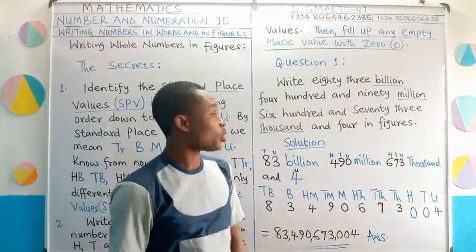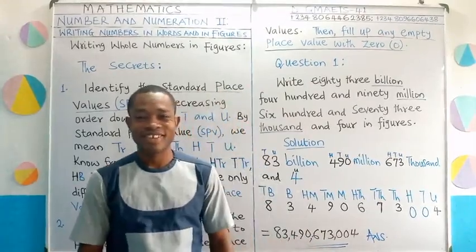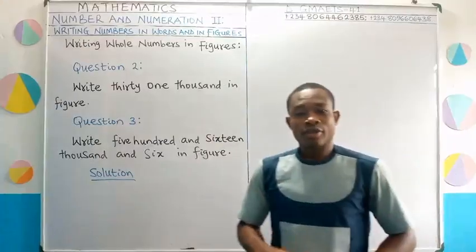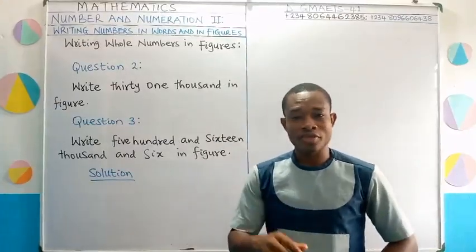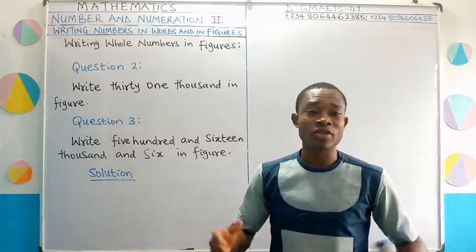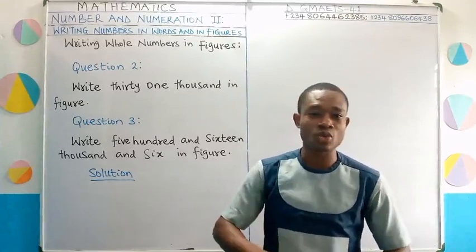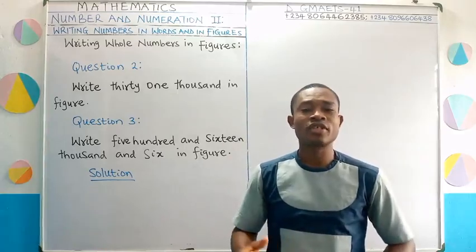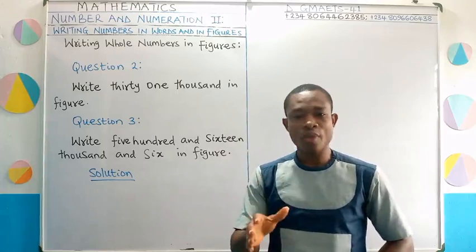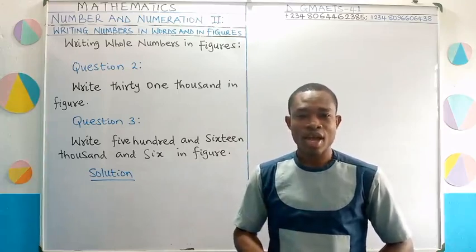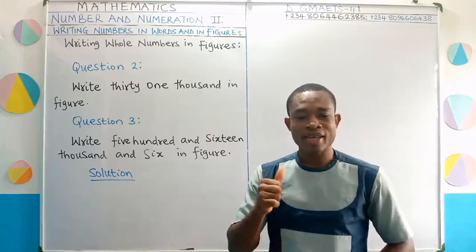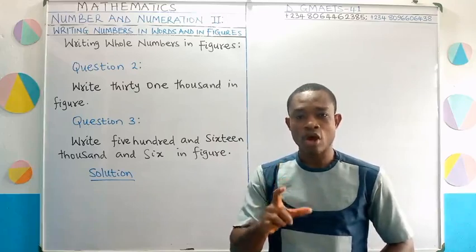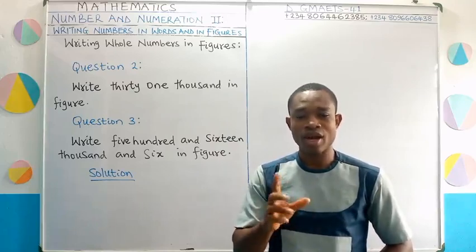Okay, so let's see what question number 2 has for us. We now have these 2 questions on the board. Let's see how we solve them quickly. No time to waste. All the secrets have been given to you already. If you're still having problems with your place values, I advise you to go back and watch our previous videos on place values and their standard values.